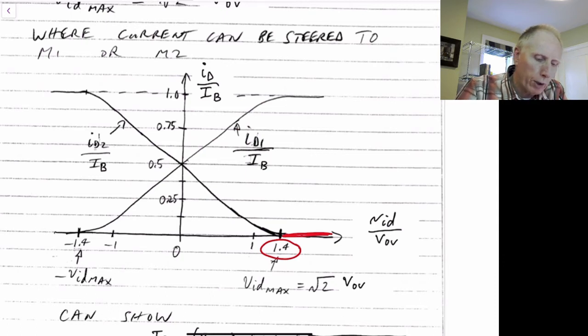So we see once we reach 1.4 down here, that ID2 goes to 0, and increasing it further beyond that makes no difference, and it just stays at 0. And at that point, we also have that ID1 has become all the way to IB. So it becomes exactly IB in this case. And the opposite is happening for ID1. So we can plot both ID1, this curve, and ID2 in this curve.